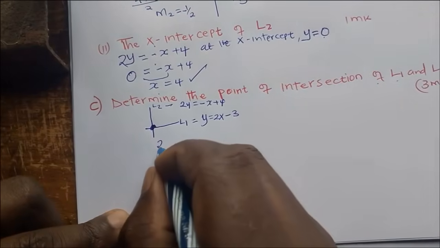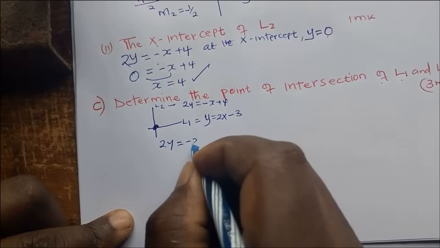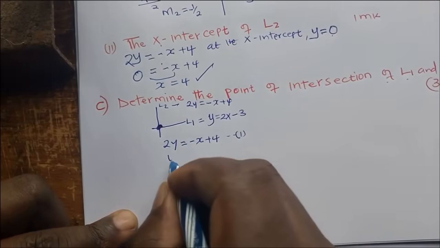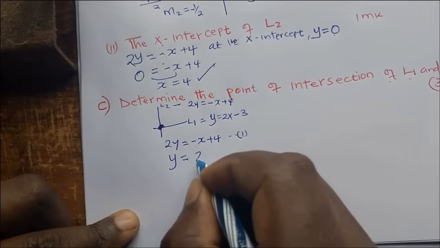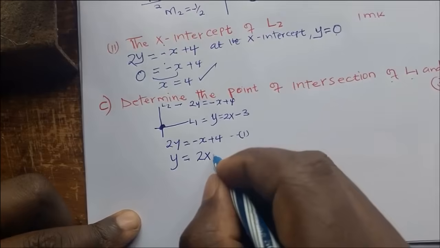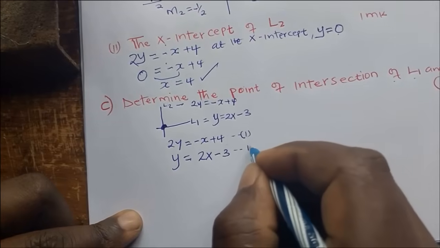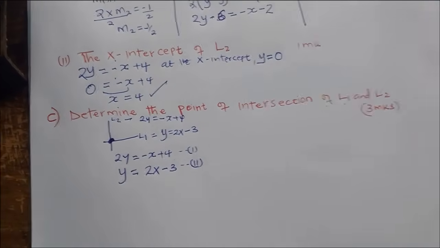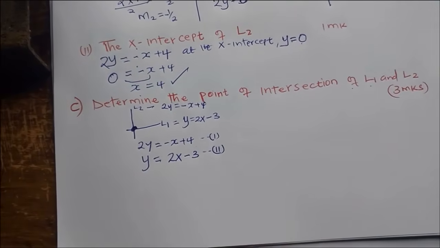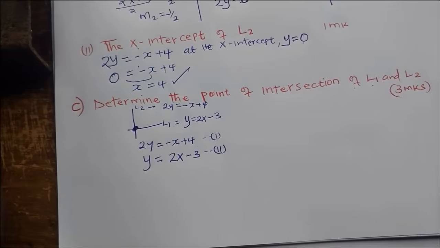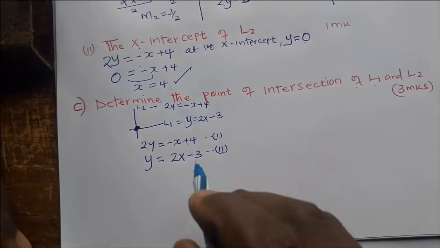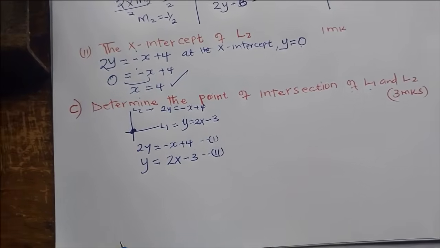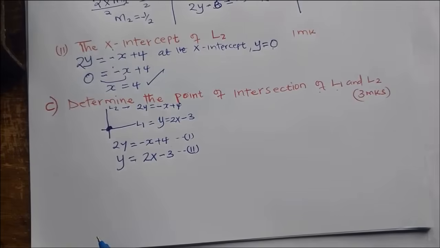So 2y is equal to minus x plus 4. That is our equation 1. y is equal to 2x minus 3. That's our equation 2. We can solve these two simultaneous equations using the elimination method or substitution, either of them, to get the value of x and y.